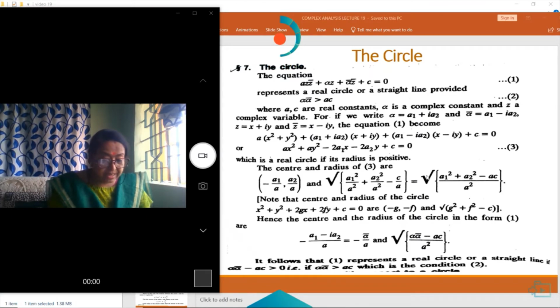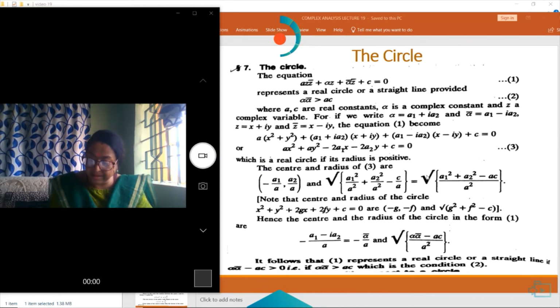This represents either a real circle or a straight line, provided that alpha alpha bar is greater than or equal to AC, where A and C are real constants and alpha is a complex constant.